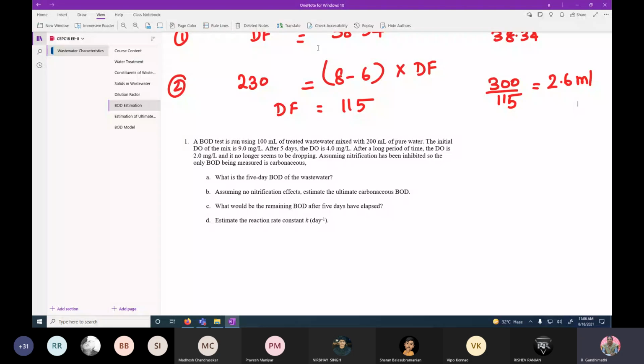Assuming nitrification has been inhibited, so the only BOD being measured is carbonaceous, then what is the 5-day BOD of the wastewater?